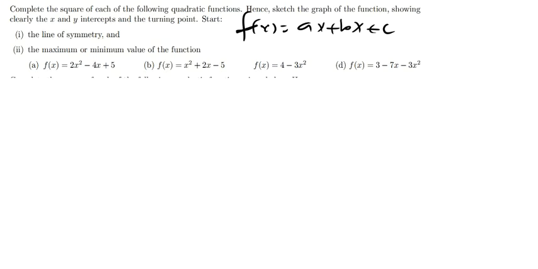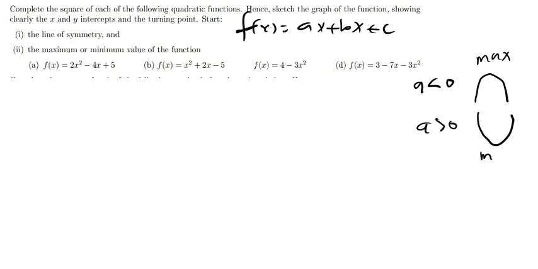If you see that a is less than 0, the graph is going to go like that, and it has what we call a maximum. If a is greater than 0, the graph will go in this manner, and it has a minimum.